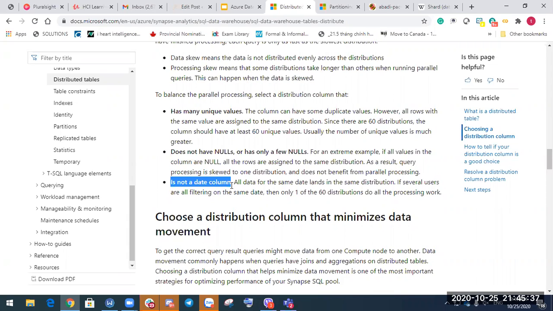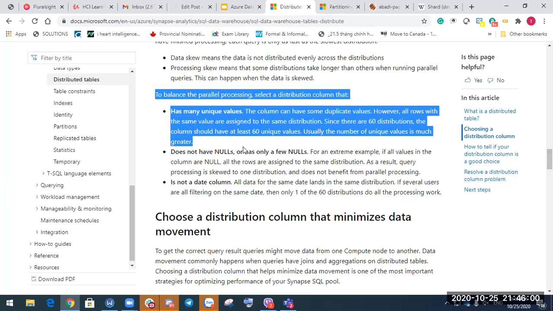But in a distributed system, you don't want the data grouped by a date column, because with some dates, like a purchase date, one day you can have many purchases, and another day you can have very, very few purchases. So that creates the data skew, and that is the main thing I want to highlight here.